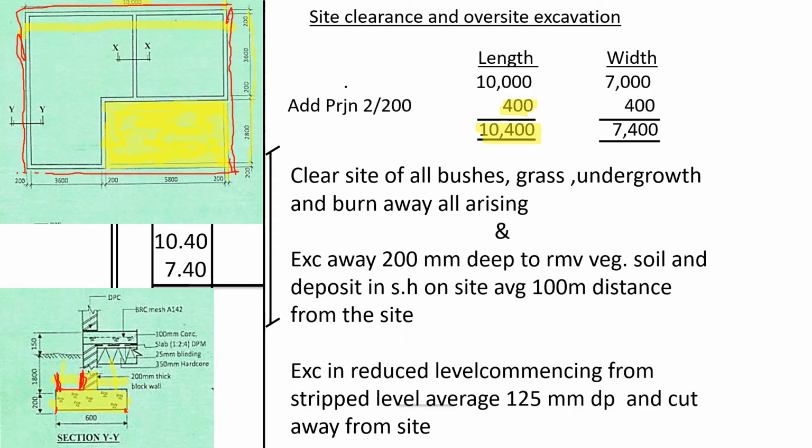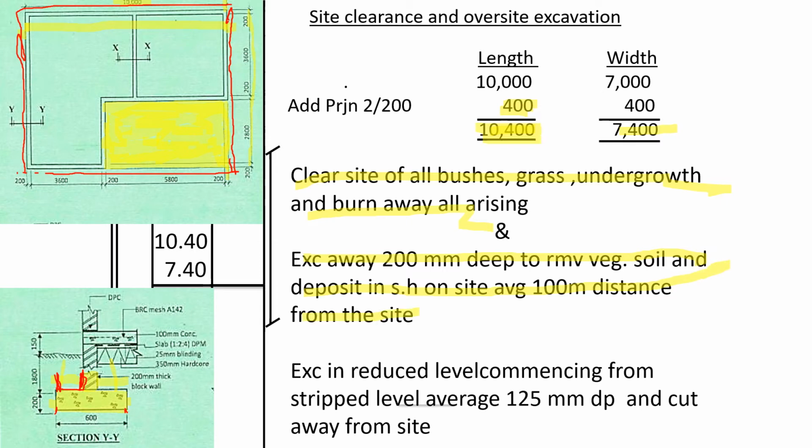So the dimensions for that rectangle are 10,400 and 7,400. So we shall say clear the site of all bushes, grass, undergrowth, and burn all arising. Then on the same area, we shall excavate away 200 millimeters deep to remove vegetable soil and deposit it in soil heaps on site, average 100 meters distance from the site.